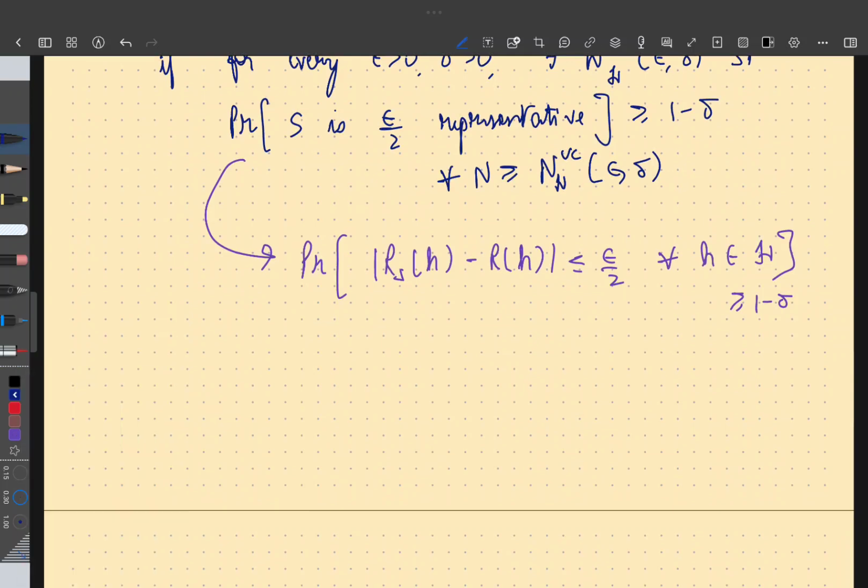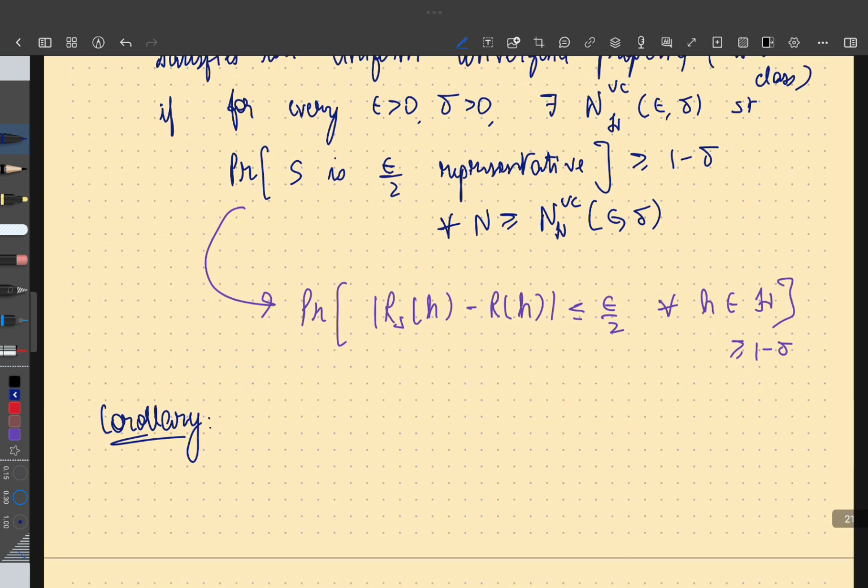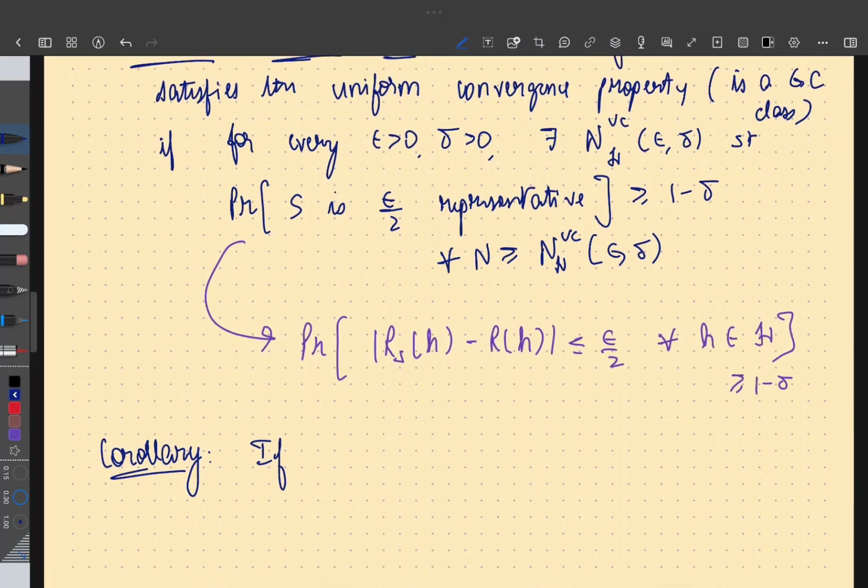Right. So basically this says, well, we know that if the sample is epsilon by 2 representative, then ERM is going to find something that is epsilon good.